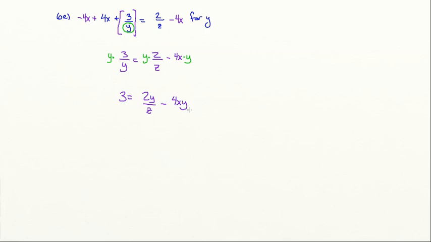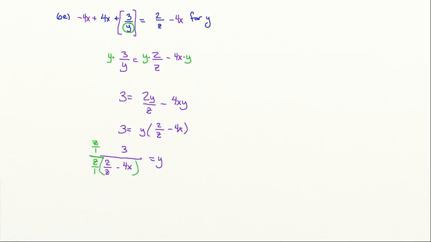I'm seeing I have y in two different terms, so I'm going to factor it out. I'm going to divide both sides by 2 over z minus 4x. And that doesn't look very good. I have fractions of fractions, so let's get rid of the fractions of fractions. To do that, I'm going to multiply this big fraction by z over 1 divided by z over 1.